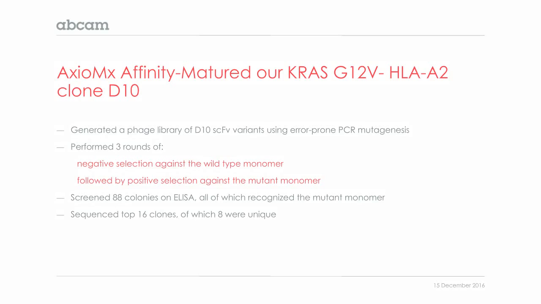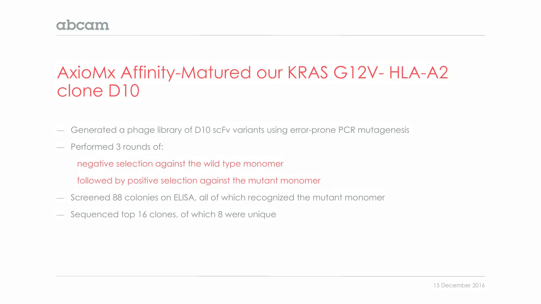We provided Axiomx with a D10 scFv sequence, and they generated a phage library of D10 scFv variants using their error-prone PCR mutagenesis, and their final library size was around 10 to the 8th unique clones. Then Axiomx performed panning.